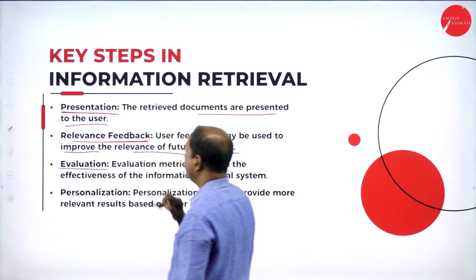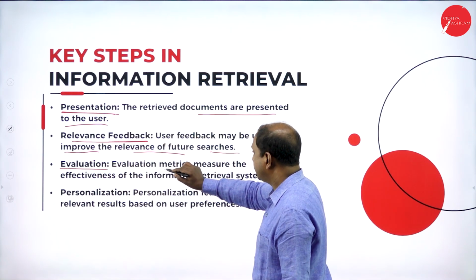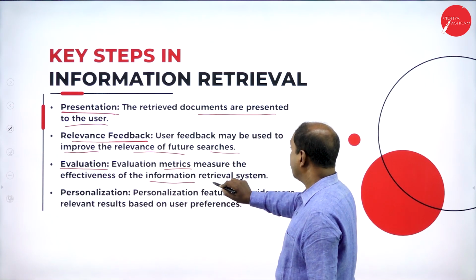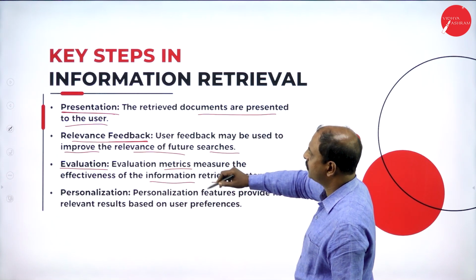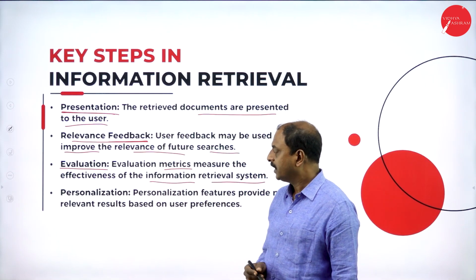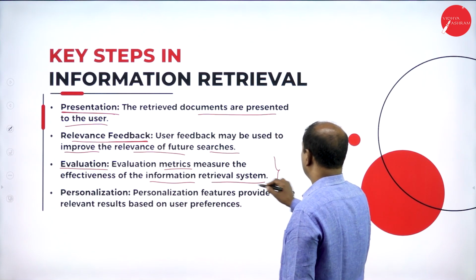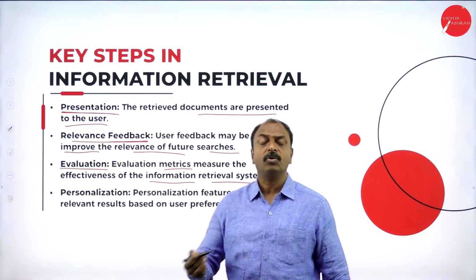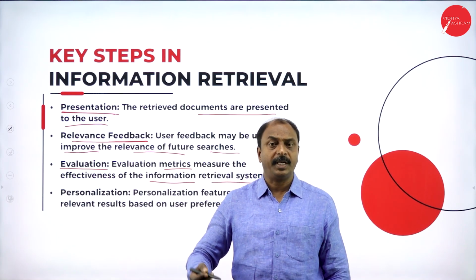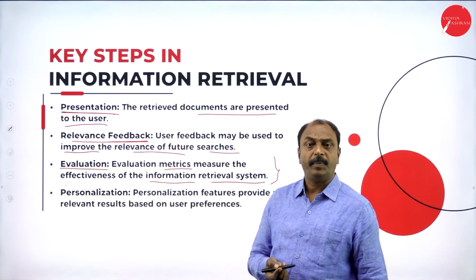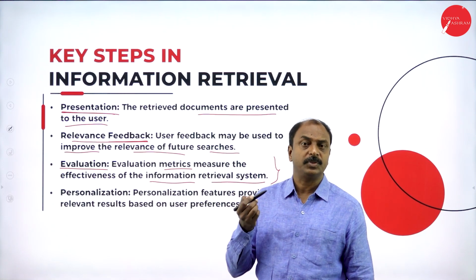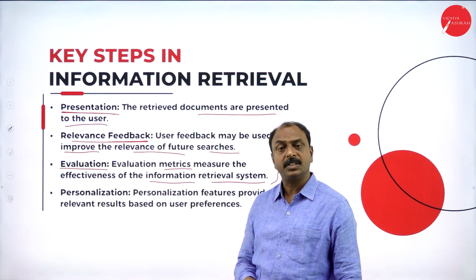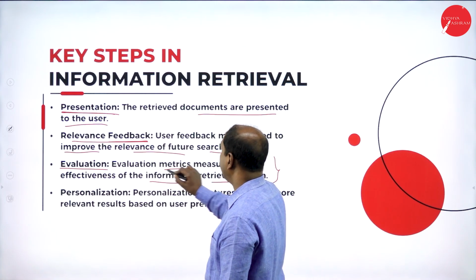Next one is evaluation. Evaluation metrics measure the effectiveness of the information retrieval system. Again, nothing but a sort of feedback. You may come across different examples where you have to give a score between 1 to 10 for any type of service. Based on the number, maybe from 0 to 10, they have different evaluation systems or metrics.